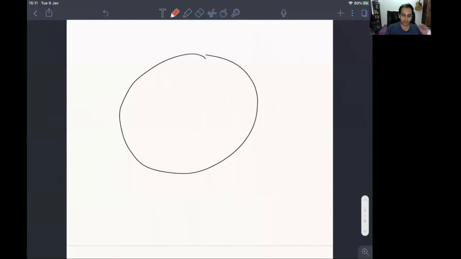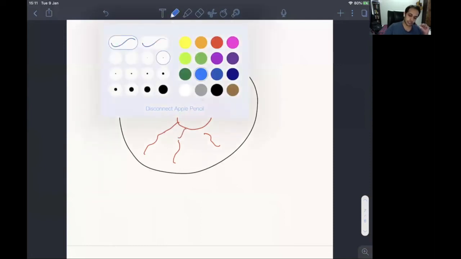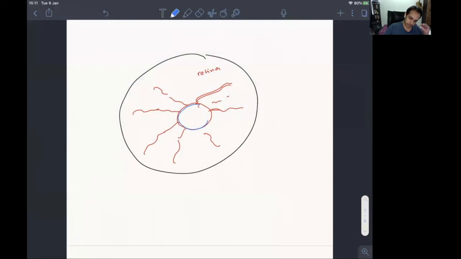But gradually, as you adjust to it, you'll start seeing the retina and blood vessels, some thick blood vessels and some thin ones, some capillaries. Then gradually, you will see something like a disc, and you'll notice that all the blood vessels are emerging from there. What you want to see is the margin of this disc. Usually there will be a nice margin, and if this margin is gone, then we say it is papilledema.